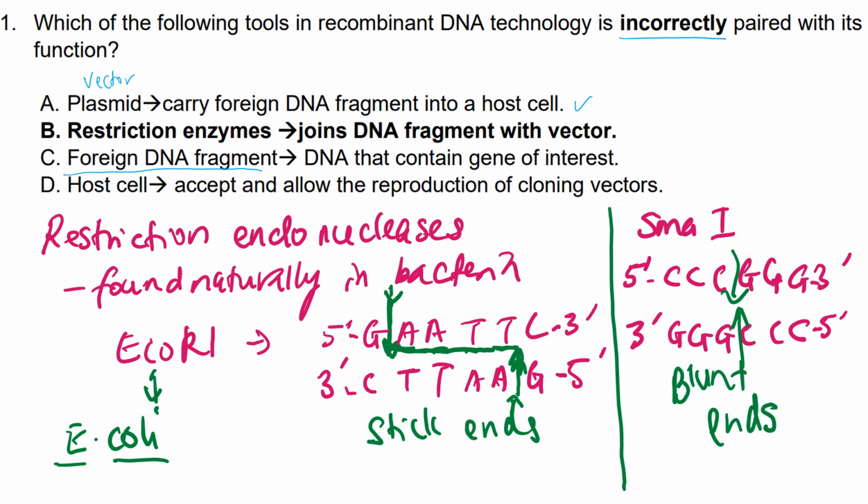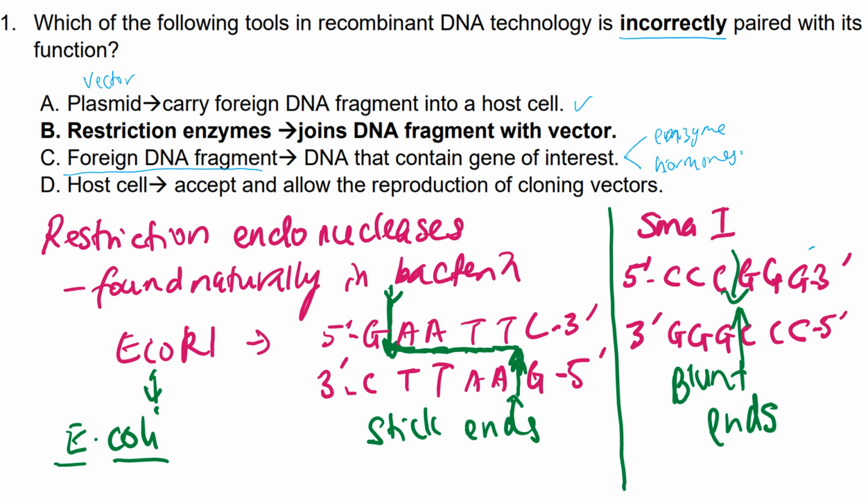It has the information to code and synthesize certain proteins that you are interested in, for example, enzymes or hormones. So these are foreign DNA that you get from another organism, of another species.